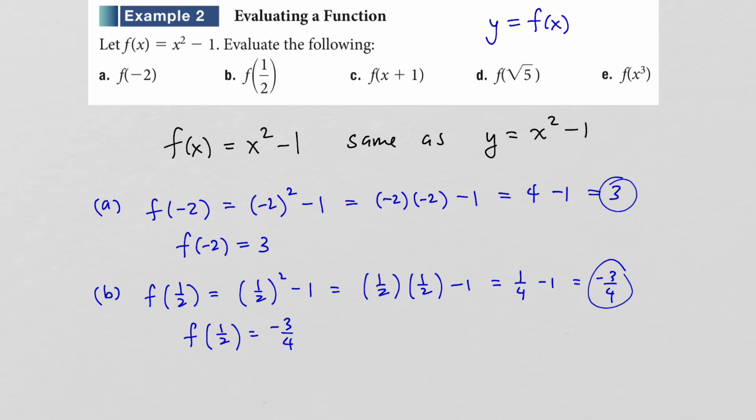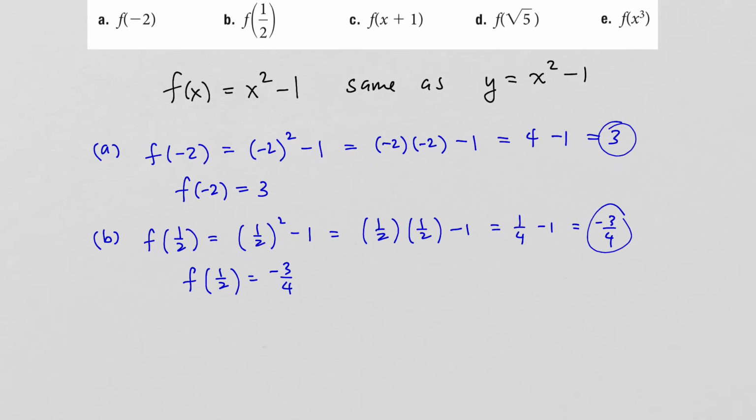Let's try the next example, part C. For part C, they ask us to find f of x plus 1. So this is a little bit different. So keep in mind, we have the rule for our function right here. The rule says f of x is x squared minus 1.